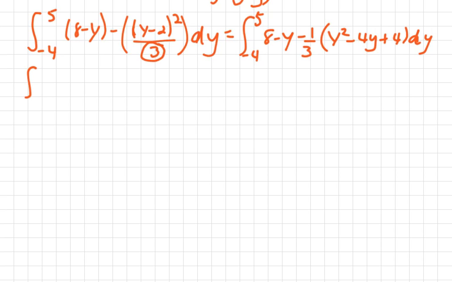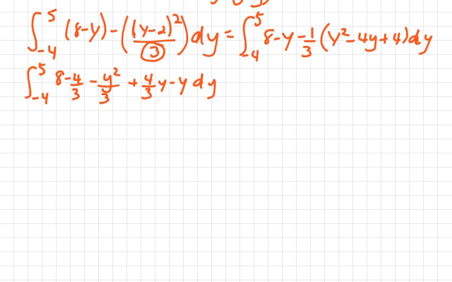So now I'm going to continue to clean this up algebraically and combine terms. I end up with, I'm just going to move the constants together, 8 minus 4/3. I'm going to just collect the like terms. Then I get a minus y squared over 3, and I get a 4/3 y minus y dy.